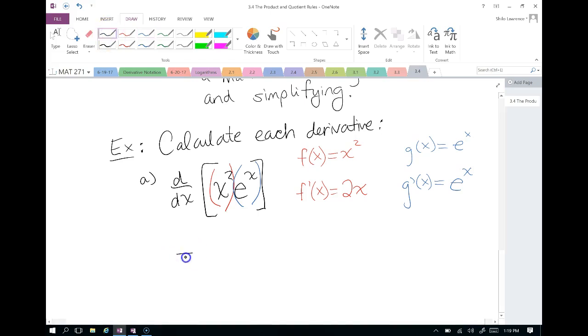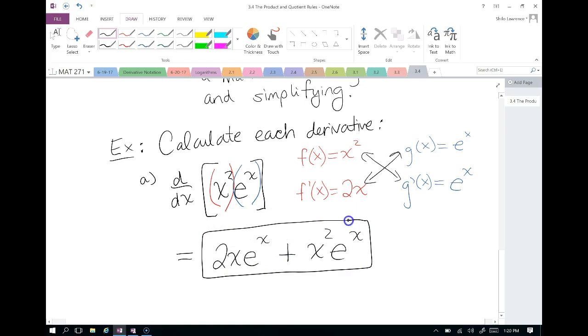So product rule says you're going to do f prime times g. You're like going to crisscross here. So I'm going to do f prime g. So 2x e to the x plus x squared e to the x. And that's it. That's our derivative. That is the derivative for x squared times e to the x.